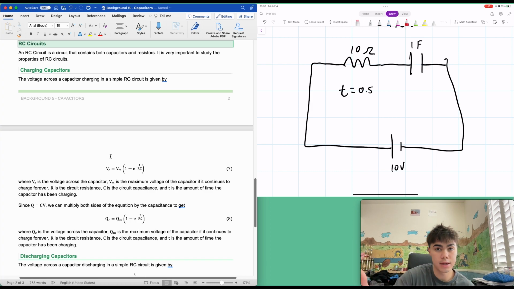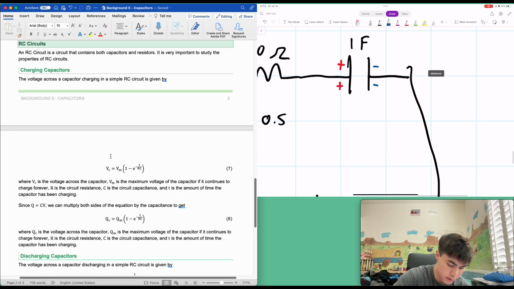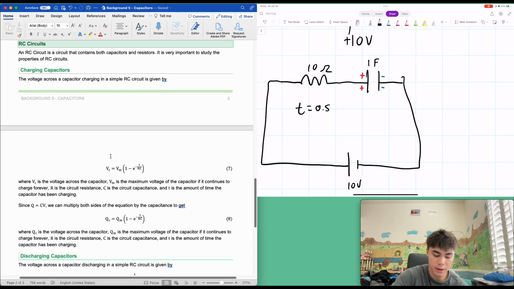So some current has flowed through the circuit. So that means we ended up with some positive charge over there and some negative charge over there. Note that I'm putting the same amount of charge on each plate because any positives on the left will attract negatives to the right side plate. And so now we have some voltage across the plate, and I'll make up another number, maybe 5 volts across the plate.